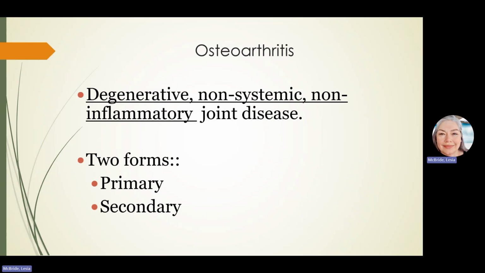Secondary is caused by trauma. It could be trauma because you fell from a tree from a height or you fell off a ladder, infections, previous fractures. If you have rheumatoid arthritis, then it can cause you to also have osteoarthritis, or stress on the weight-bearing bones. What happens most commonly is to athletes, who are overusing those joints.